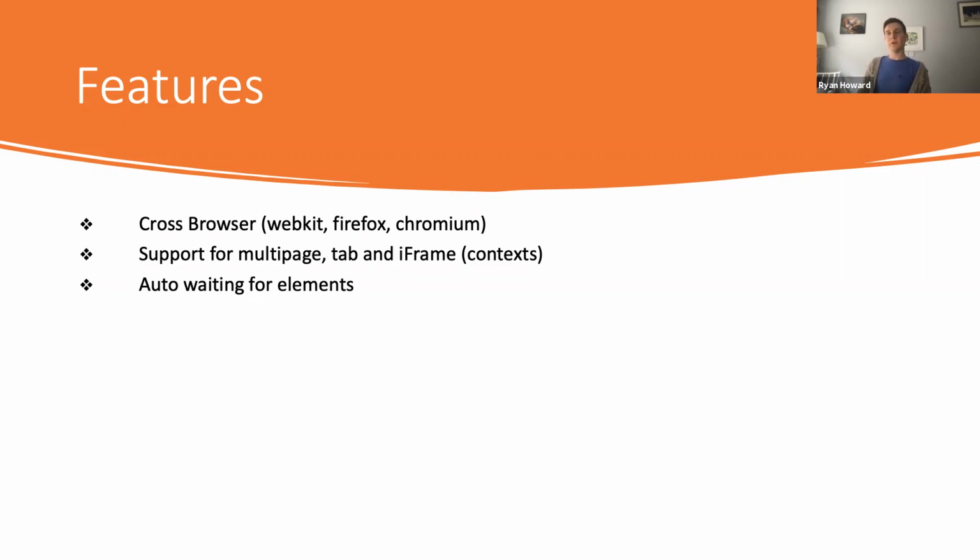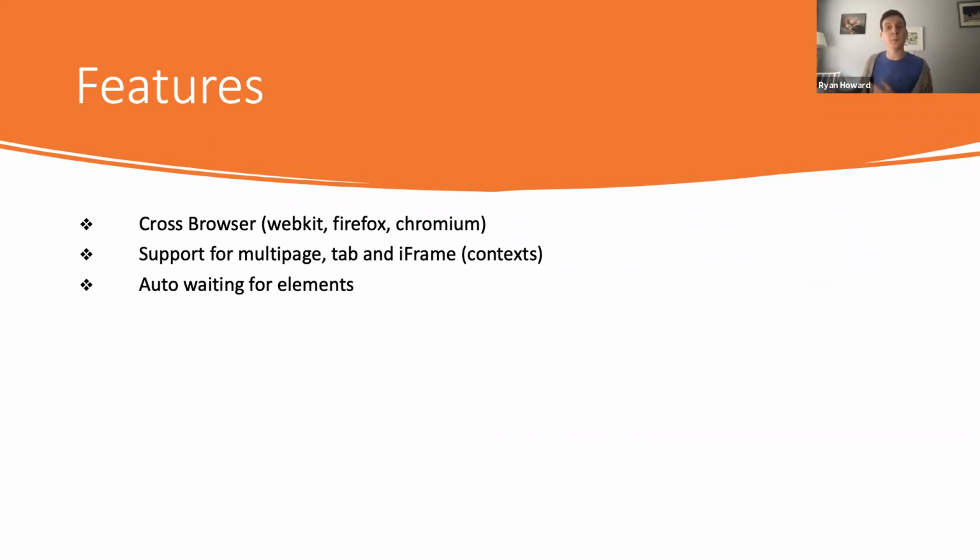Auto waiting for elements. So if people have used Selenium WebDriver before, you'll be fully aware of the pitfalls of your tests being quicker than applications. So when your application is trying to interact with a button or a field which hasn't currently finished loading, Playwright auto waits in the same way that something like Cypress does. And it actually goes through a checklist. So it's in the documentation. You can see the checks it does based on the type of element it's interacting with.